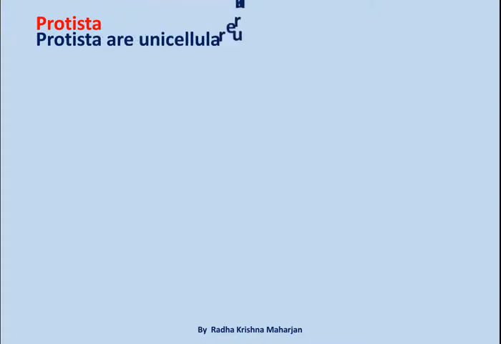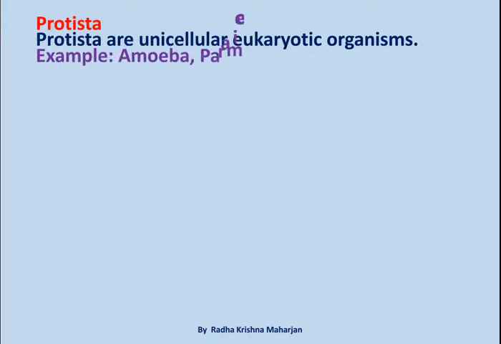Protista. Protista are unicellular eukaryotic organisms. Example: amoeba, paramecium, euglena.